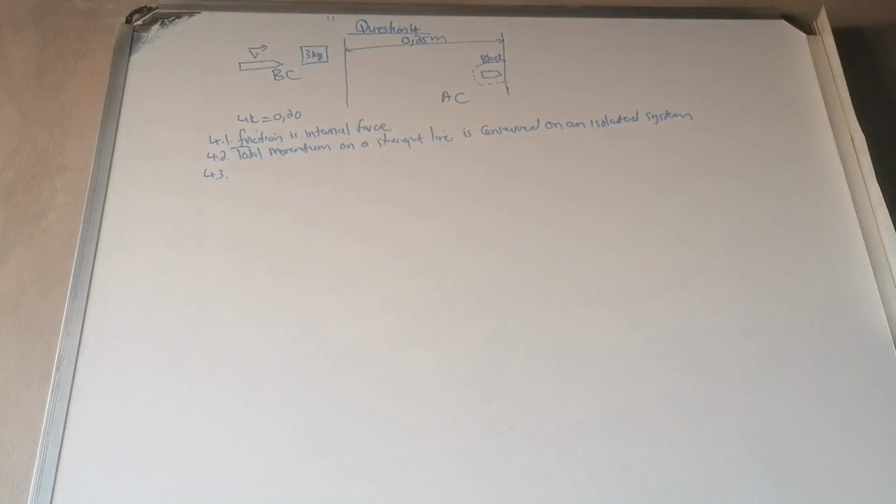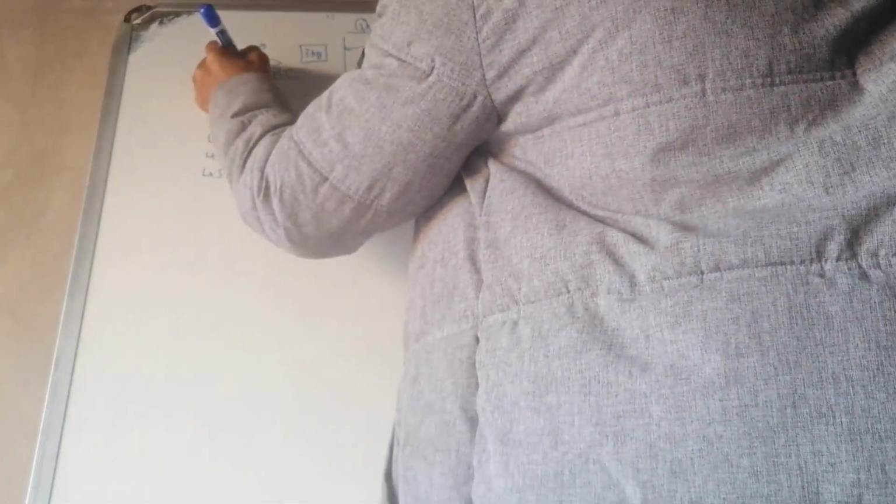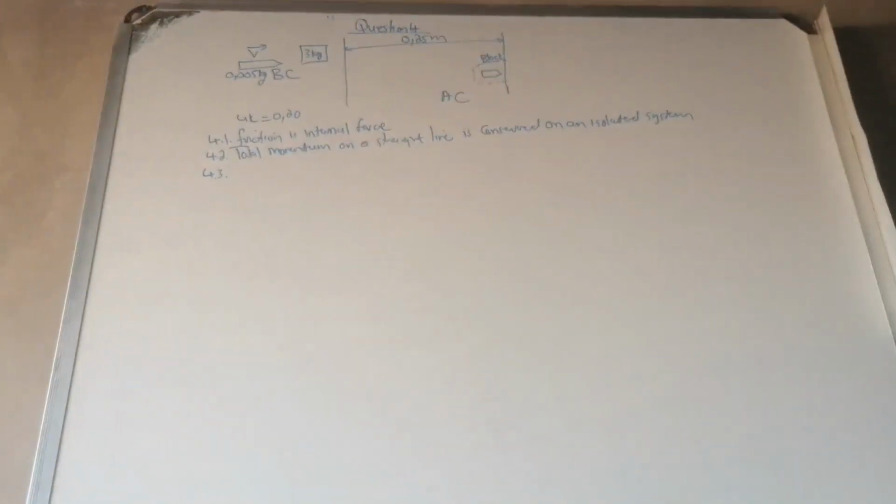Alright, and then in 4.3 they want us to calculate the velocity of the block after the bullet has been embedded in it. Okay, that is fine. Let me just take you back to the statement just to have some data. A 0.005 kilogram bullet, so we have the mass of the bullet, 0.005 kilogram, and we have the mass of the block, which is 3 kilogram.